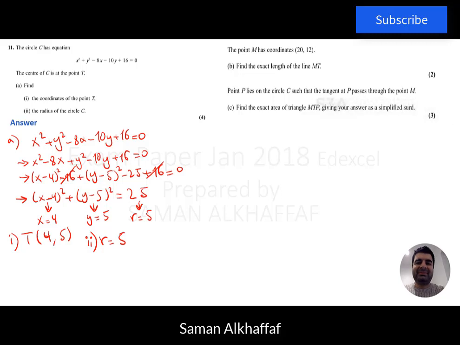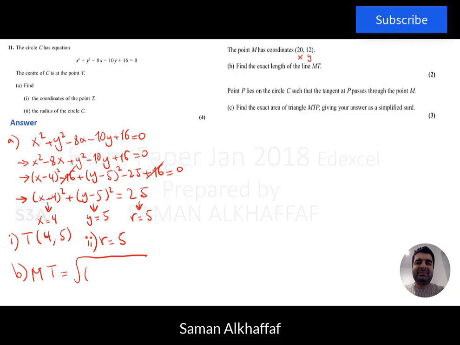For part B, the point M has coordinates 20 and 12, and we are asked to find the exact length of the line MT. So MT will be the square root of, using the distance formula, x minus the x coordinate, which is the point 20. So this is the x and this is the y.